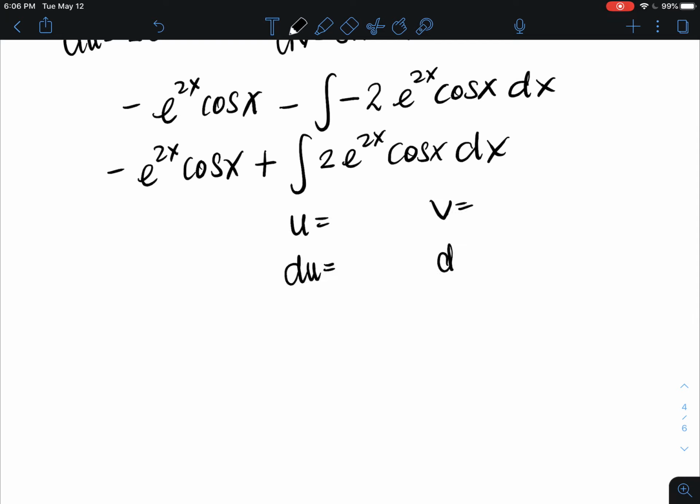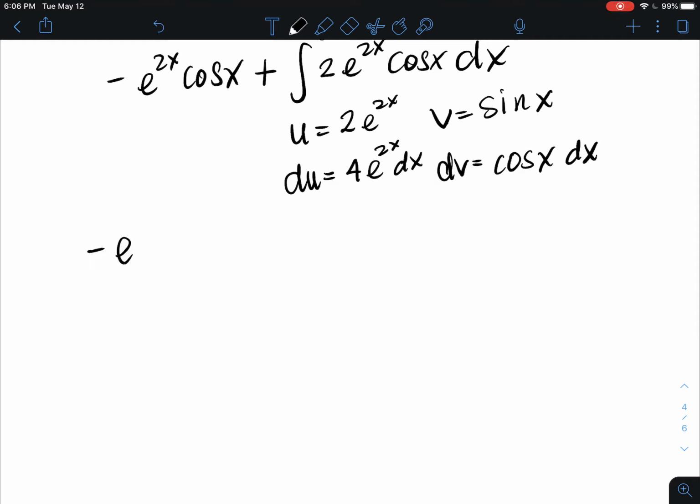So again, what is u? What is v? Okay, so u, again, is going to be the e to the 2x, so 2 e to the 2x. The derivative of that would be 4 e to the 2x dx. And then my dv is going to be cosine x dx, and the integral of that is going to be sine x.